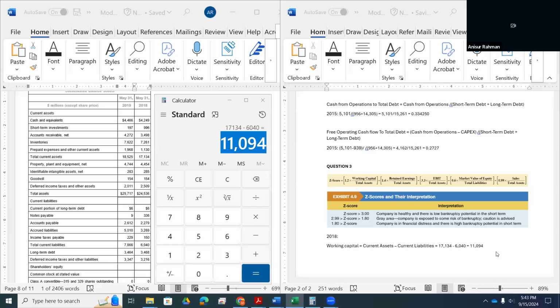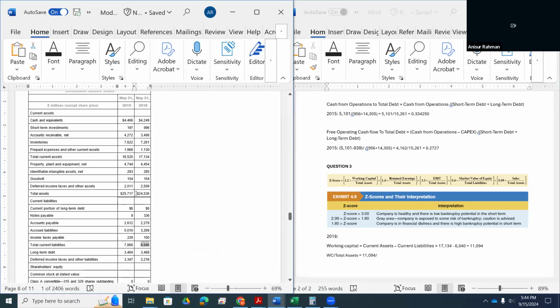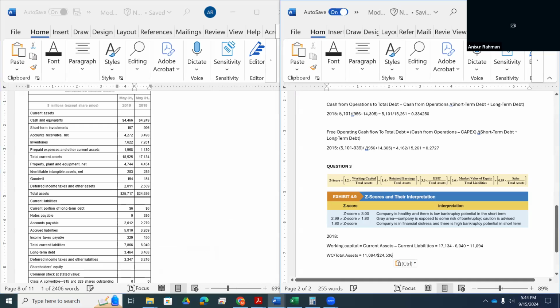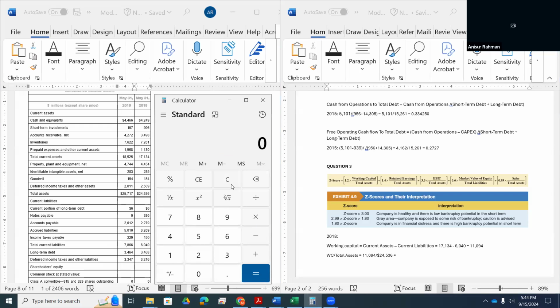And we have to divide by total assets. So working capital, in short WC, divided by total assets. Our total assets for 2018, 24,536.